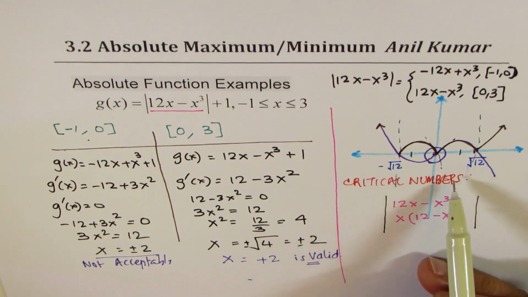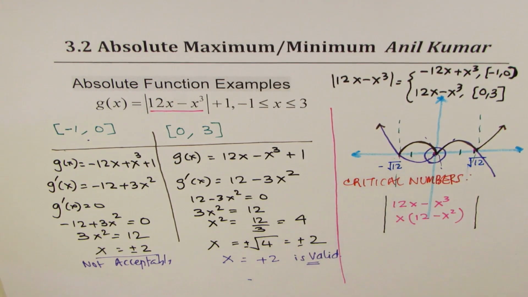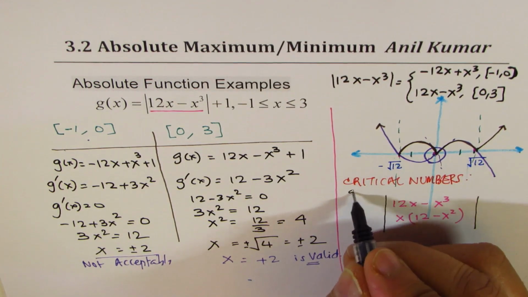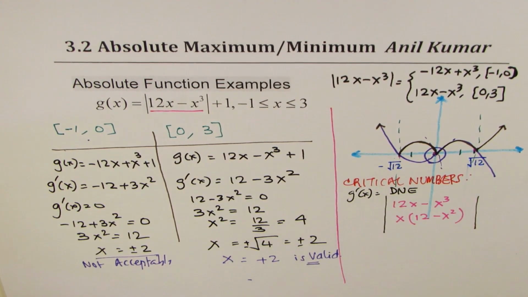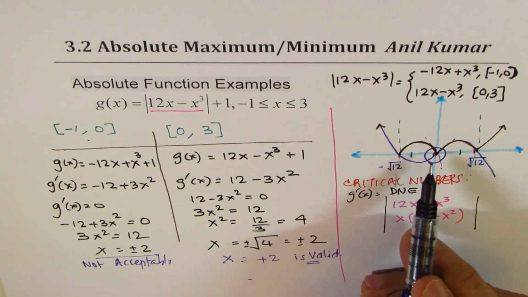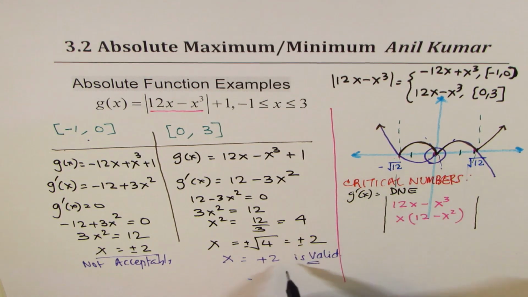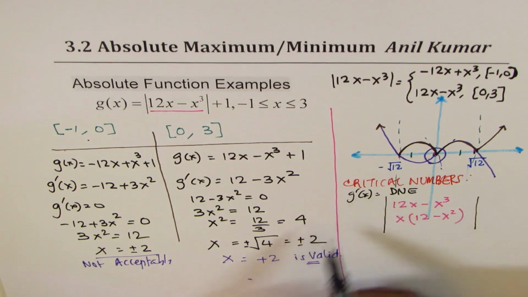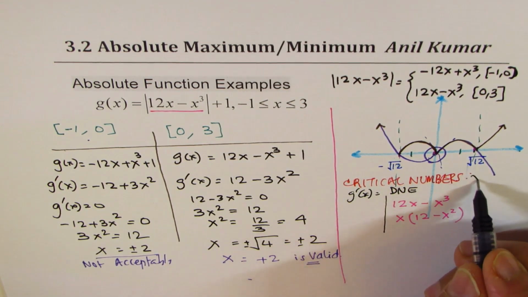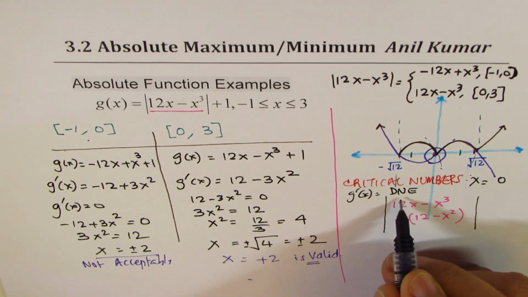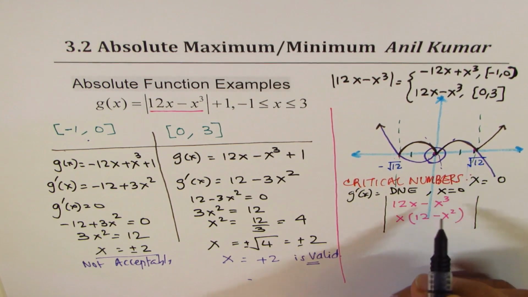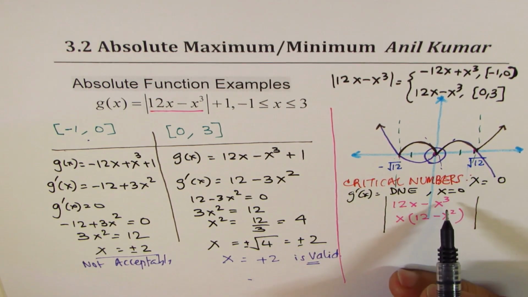What we notice is that 0 is also a critical number, since at this point the derivative of the function does not exist. Perfect. So we have two critical numbers. One is 0, the other one is 2, right? At x equals 0, the derivative does not exist. So those are the critical numbers.